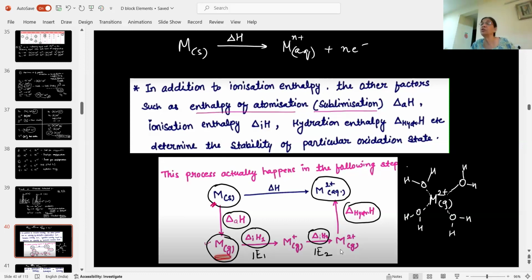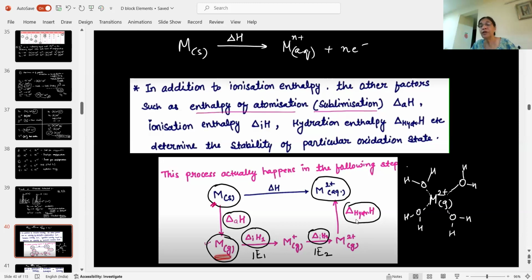If it is changing into the more stable M2+, then another ionization energy. And once it forms a gaseous metal ion, it gives out hydration energy to change into aqueous. This hydration energy is released, so that is negative, and the other energies are given to the system, that is why they are positive.